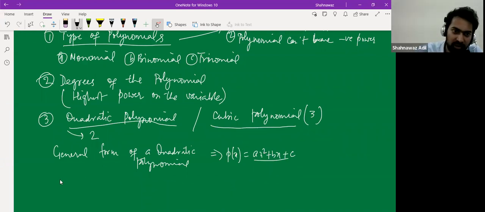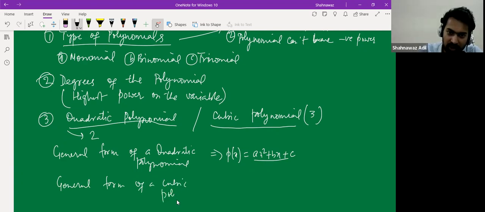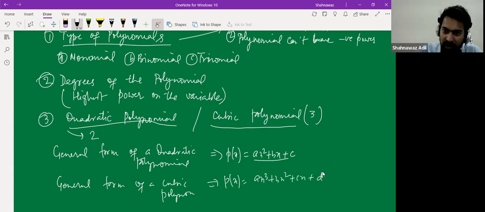And the cubic polynomial was ax cube plus bx square plus cx plus d. So p(x) was ax cube plus bx square plus cx plus d. And then we studied the zeros of the polynomial.